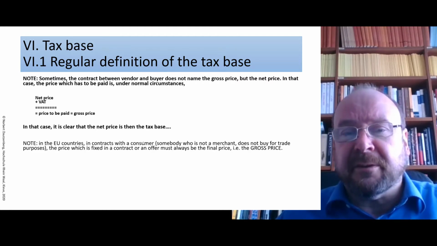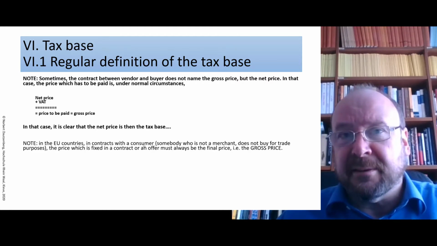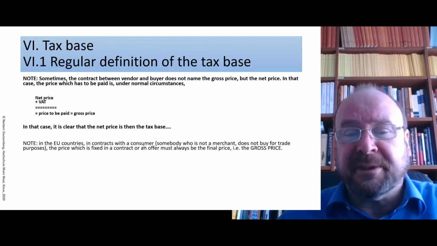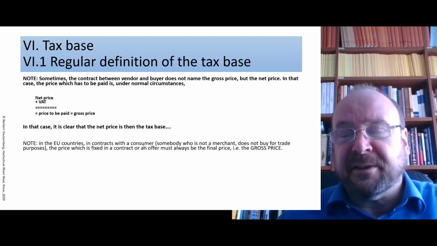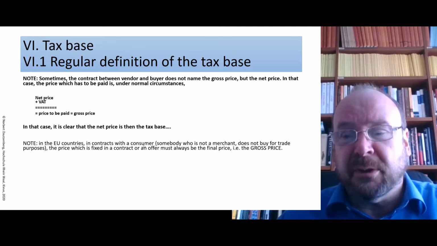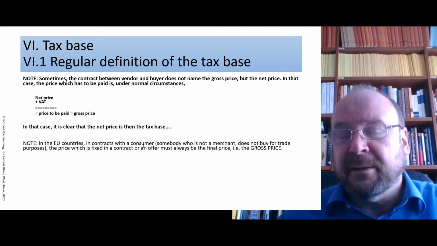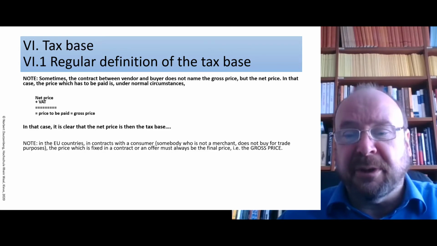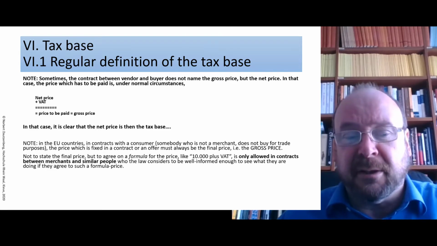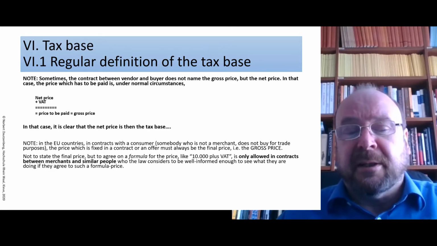So the contracts with the consumer must always name and agree a gross price. So if you ever are in a supermarket, you can be sure that what you see on the shelves will be a gross price if you are somewhere in Europe.